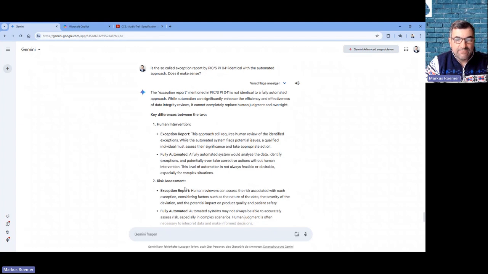I'm not saying the final conclusion, the decision-making process, the exception report created by an AI or a normal software coding algorithm should be the way of giving the basis for the quality decision, but it will not do the quality decision by itself.